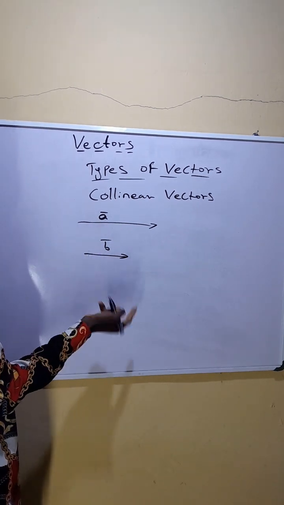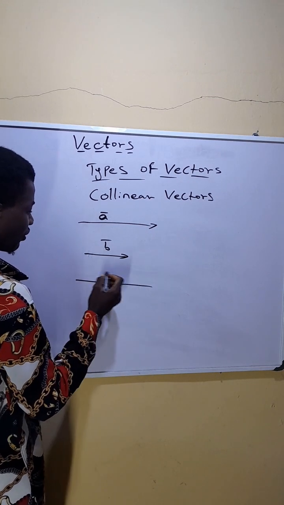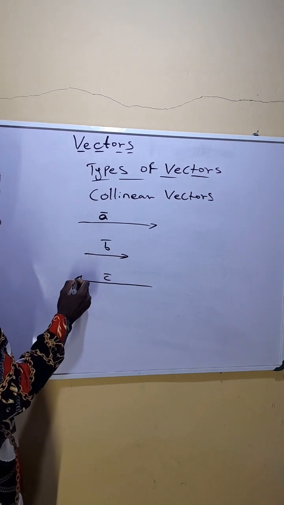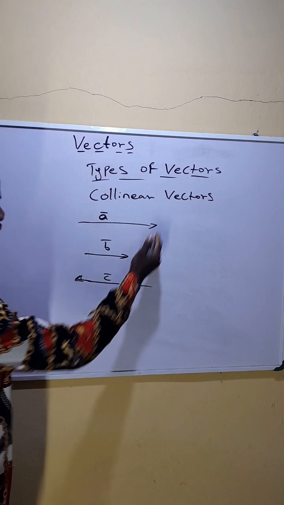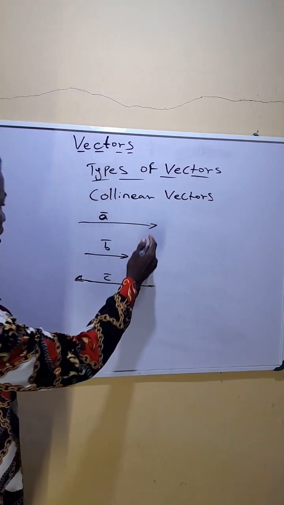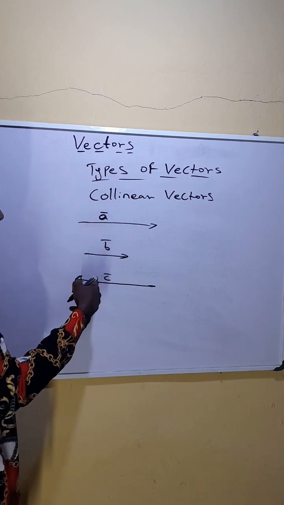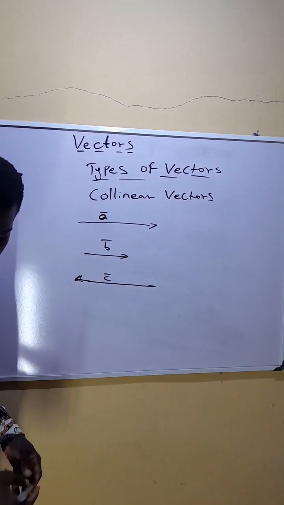This is an example of collinear vectors. We can also have a vector C, equal in magnitude to A, but moving in the negative direction. It doesn't mean that A and C are equal, but they are collinear vectors.